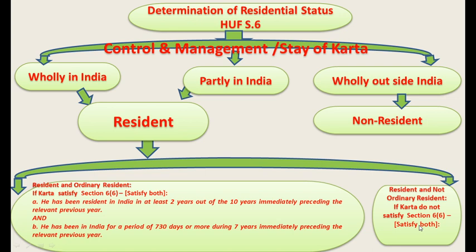In certain circumstances, the karta may not satisfy any condition, or may satisfy only one of the conditions mentioned here. In such circumstances, the Hindu undivided family will be considered a resident and not ordinary resident. So, friends, these are the circumstances in which the residential status of Hindu undivided family will be considered as resident or non-resident, and resident and ordinary resident, or resident and not ordinary resident.